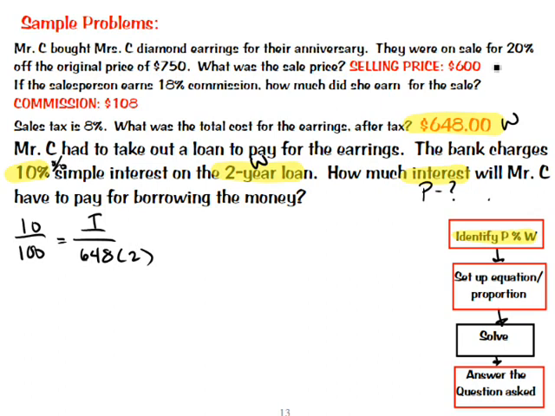And remember that the other component of the whole in an interest problem is the loan term, the number of years, in this case 2. So I have 648 times 2 down here as my whole, and then the percent should have been pretty obvious for you there. That's 10%, and then the interest is what we're trying to figure out, and I use the letter I. Okay, go ahead and solve and see what you get.